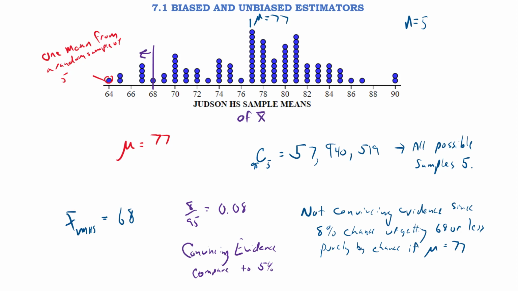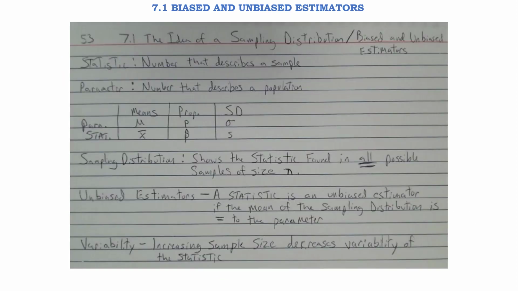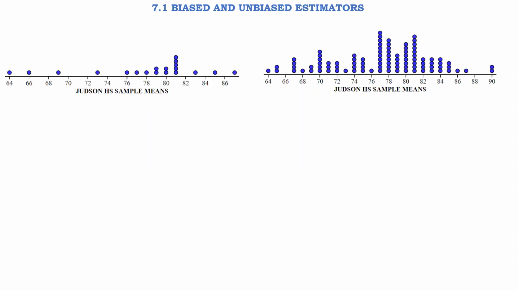Okay, so now let's look at our variabilities, right? And when we talked about up here, increasing our sample size decreases variability of the statistic. So if we were to do that, let's say we went through the same setup, right?